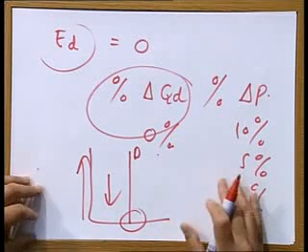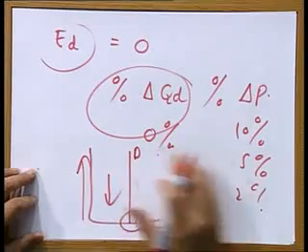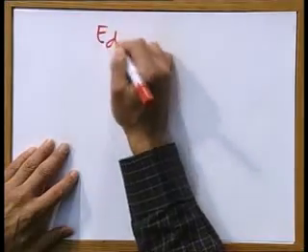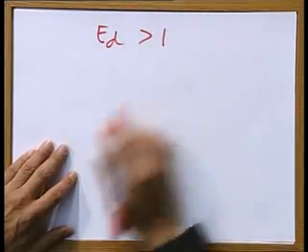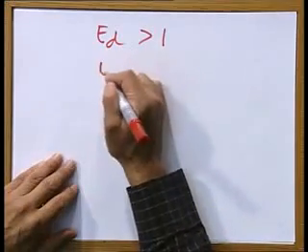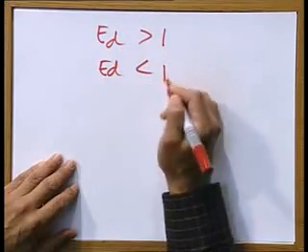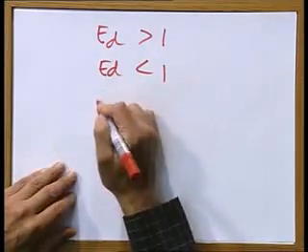This is what we call perfectly inelastic demand, when the demand for this product is perfectly inelastic, but in reality, no product has this kind of elasticity. So these are the 5 categories of elasticity. Just to summarize again, ED can be bigger than 1, then we talk about elastic demand. ED can be smaller than 1, then we talk about inelastic demand.